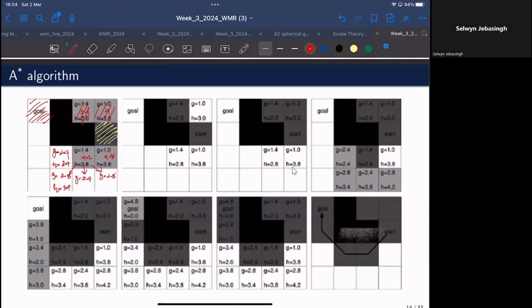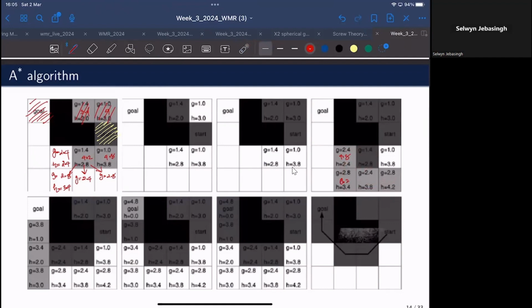So once you have expanded all the nodes, once you have found out the edge cost and heuristic cost of all the neighboring nodes, you can again compute the total expected cost function. So in this case, it'll be 2.4 plus 2.4, that'll be 4.8. Here, this is 3.4 plus 2.8, I guess it'll be 6.2, right?